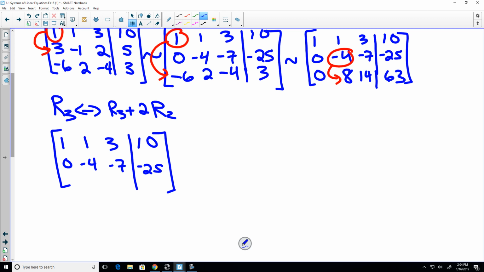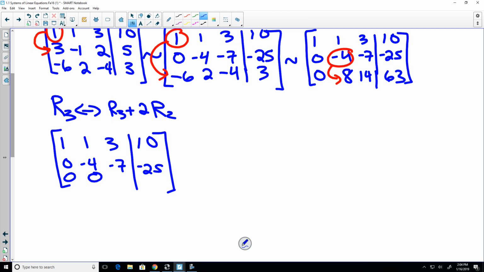So multiplying the second row by 2 and adding it to the third row. So 2 times 0 is 0. 0 plus 0 is 0. So this is a 0. That needs to stay a 0. No matter what you do, you want to keep that triangular form, okay? You don't want to mess up your zeros that you've made. Multiply this by 2, we get negative 8. Plus 8 is 0.